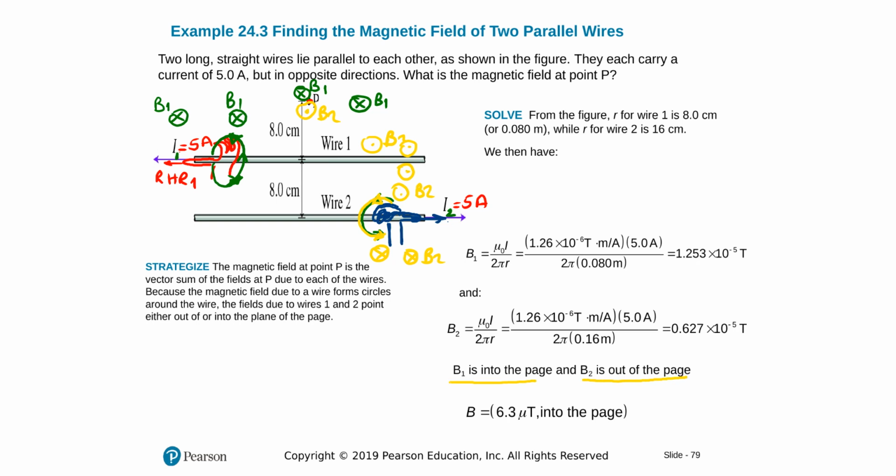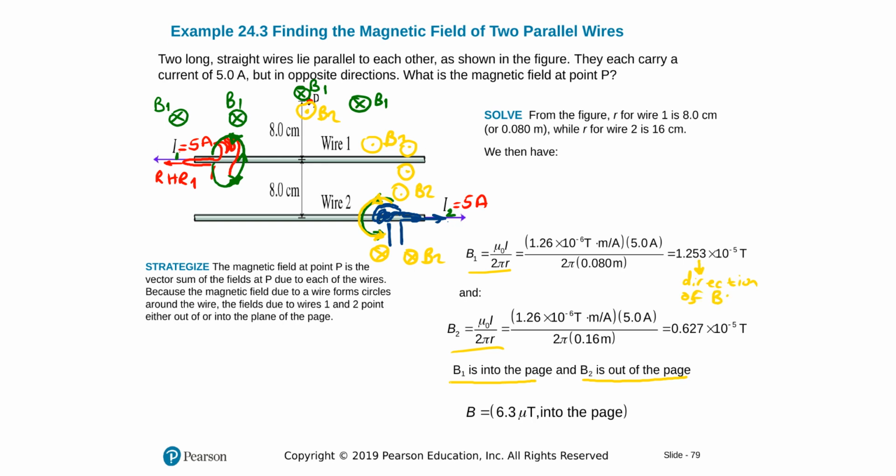So as I find their values using this equation, take plus minus, or just take the difference. One is in, one is out. Doesn't matter. Whoever is larger will be the direction of total magnetic field. So the direction of B total will be this guy because it's the larger.